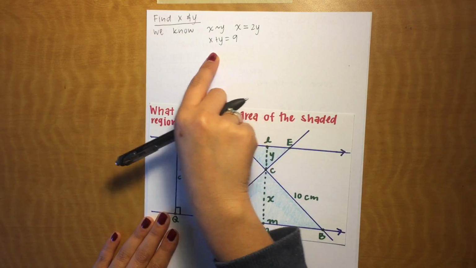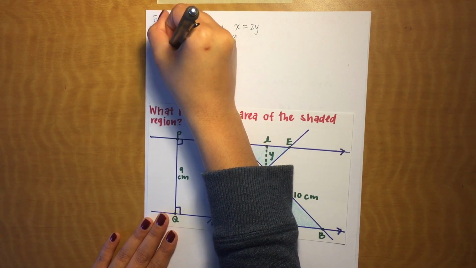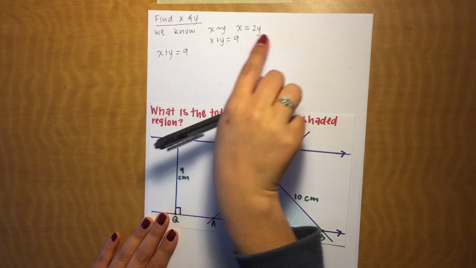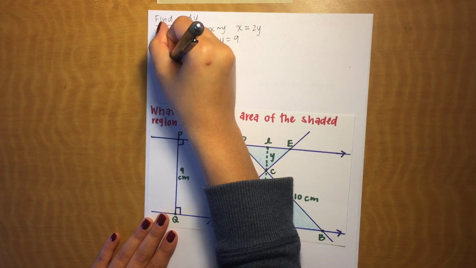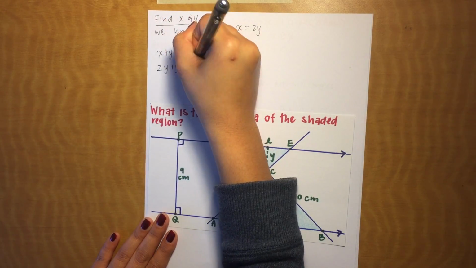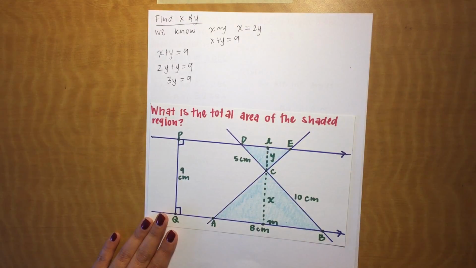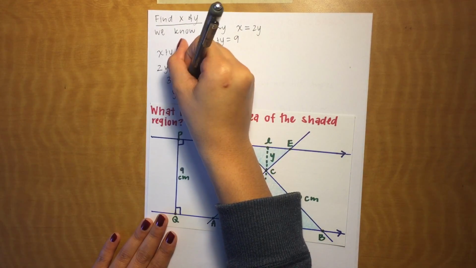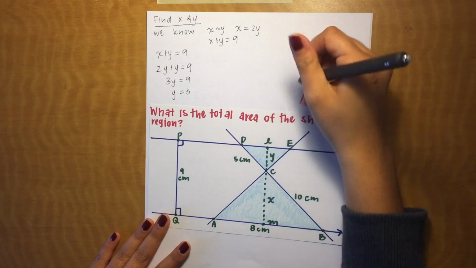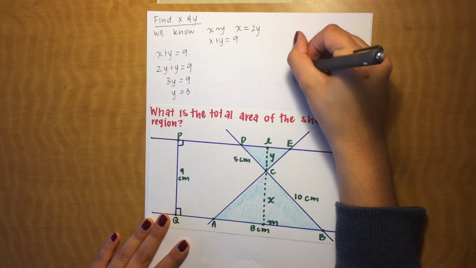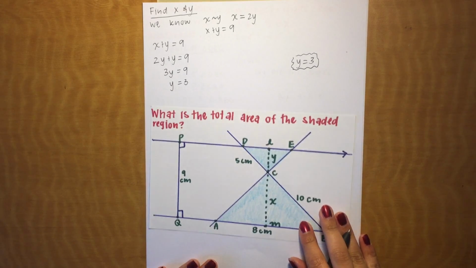Now we can just substitute everything in. x plus y is 9, and x is equal to 2y. So 2y plus y equals 9. Simplifying, 3y equals 9, so y equals 3. We'll put that to the side. That's one of the variables we needed to find.